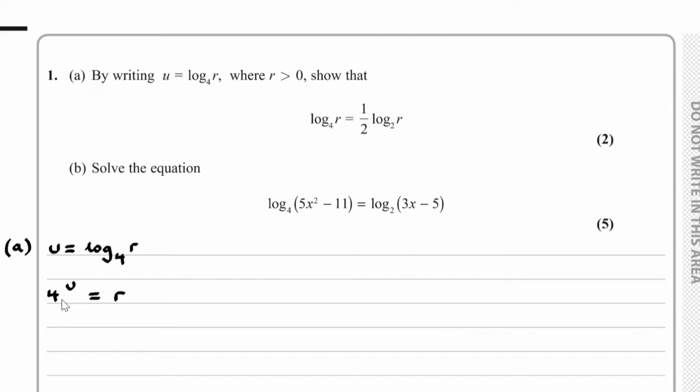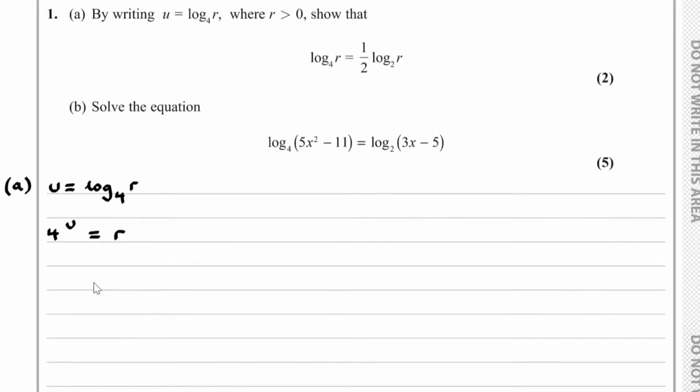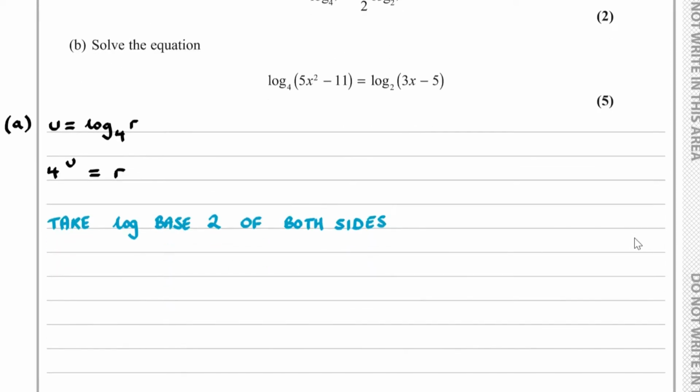Now we will take log base 2 of both sides because the question involves log base 2. So taking log base 2 of both sides, we have log base 2 of 4 to the u equals log base 2 of r.